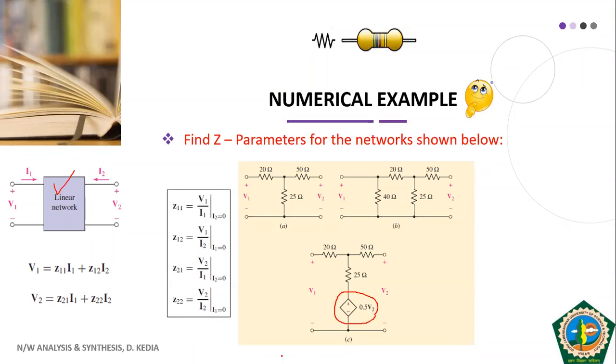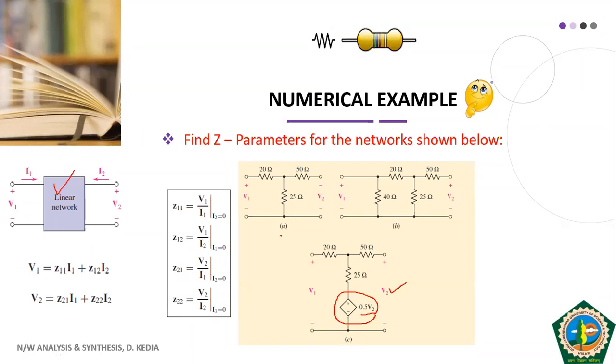This diamond shaped voltage source is a dependent voltage source whose value is 0.5 V2, dependent on voltage V2. In the rest of the networks we only have resistances. We will find the Z parameters for all three, A, B and C, which will give you a better idea.